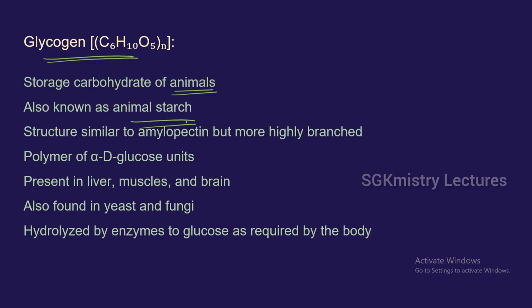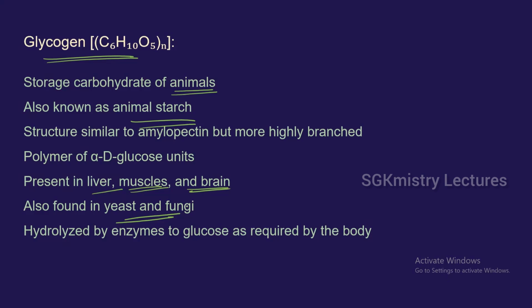In amylopectin also there is much branching, but in case of glycogen there is more branching of the alpha D glucose units. It is present in the liver, in muscles as well as the brain, and it is also found in yeast and fungi. Glycogen is present in all of these different organisms and parts of the body, and it can be broken by the action of enzymes to form glucose, because we know that glycogen is made up of glucose units.